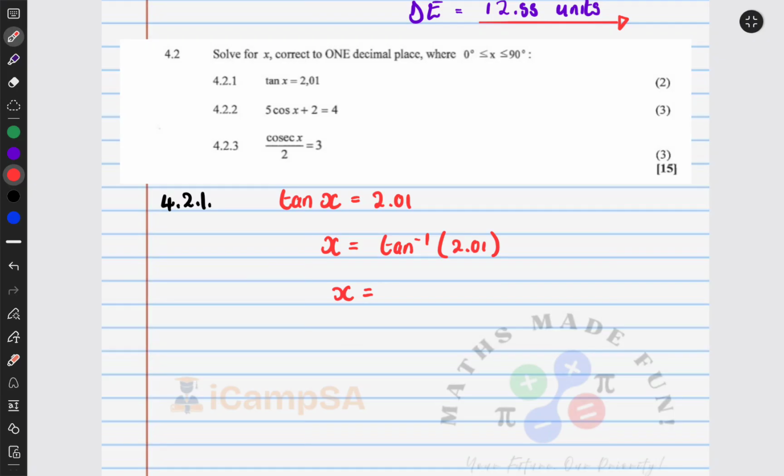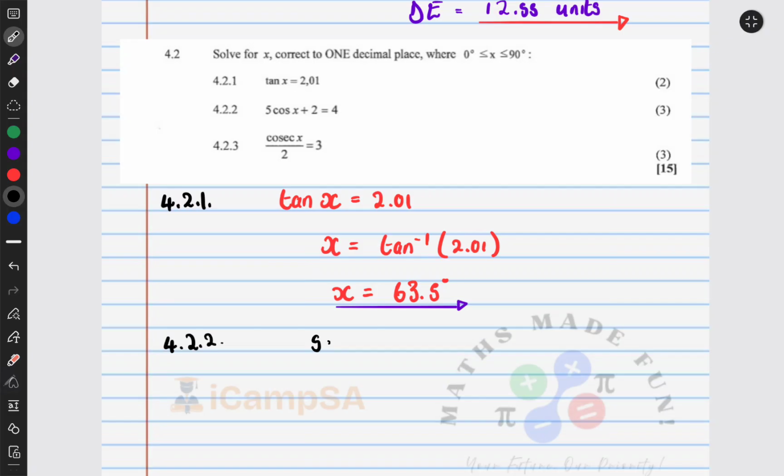So the answer of x will be 63.5 degrees, and that is the value of x for the first equation as it is less than 90 degrees. So it is consistent with what we have been given.